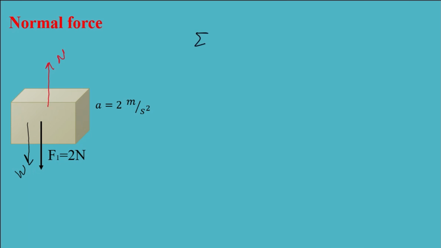Based on Newton's second law, my total F is the sum of the forces applied to the object, and that's equal to m times acceleration, right? So the total force is N minus W minus F1 equal to ma, right? Because this time my acceleration is not 0. So my N is equal to W plus F1 plus ma, correct?